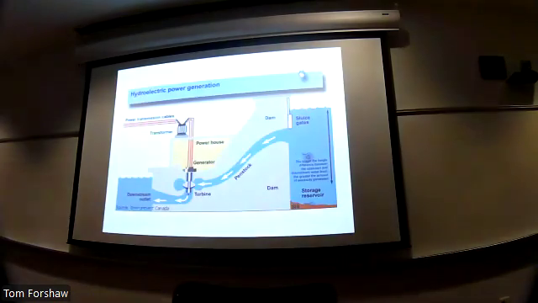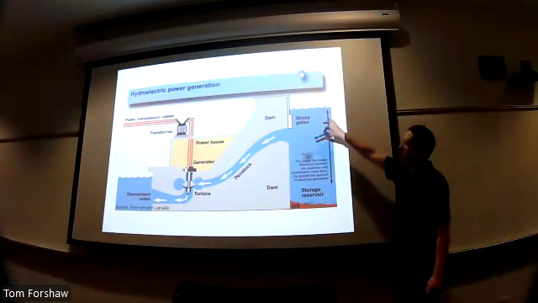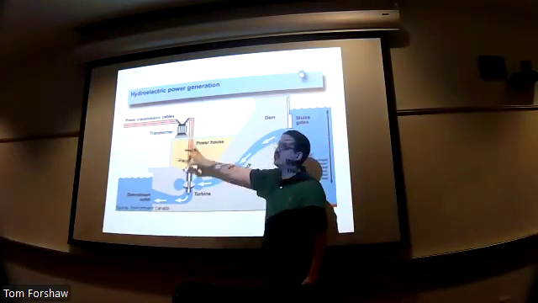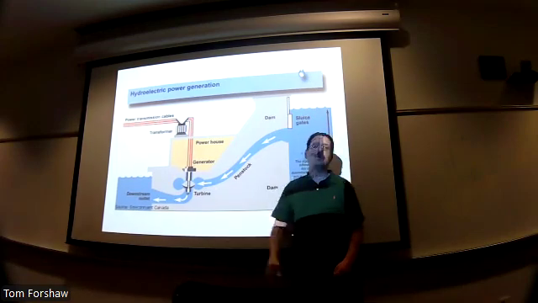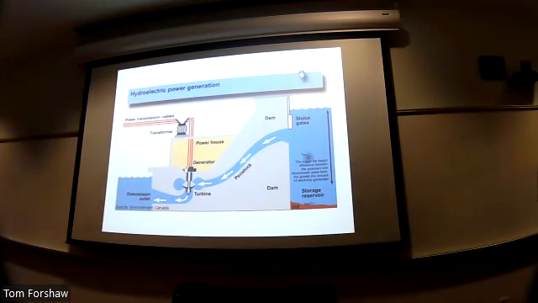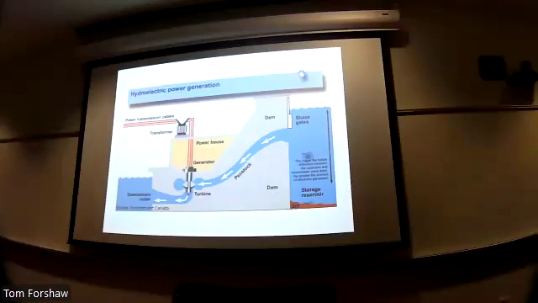Well, I mean, it goes down. And as it goes down, it does work and transforms from potential energy to electrical energy. Something that can be used, right? In humans, we can't use falling water and a pool of water. We can't use that really for an awful lot of our tasks. We convert that into electrical energy, we can do anything with it as humans, right? We convert it into a more useful energy source.